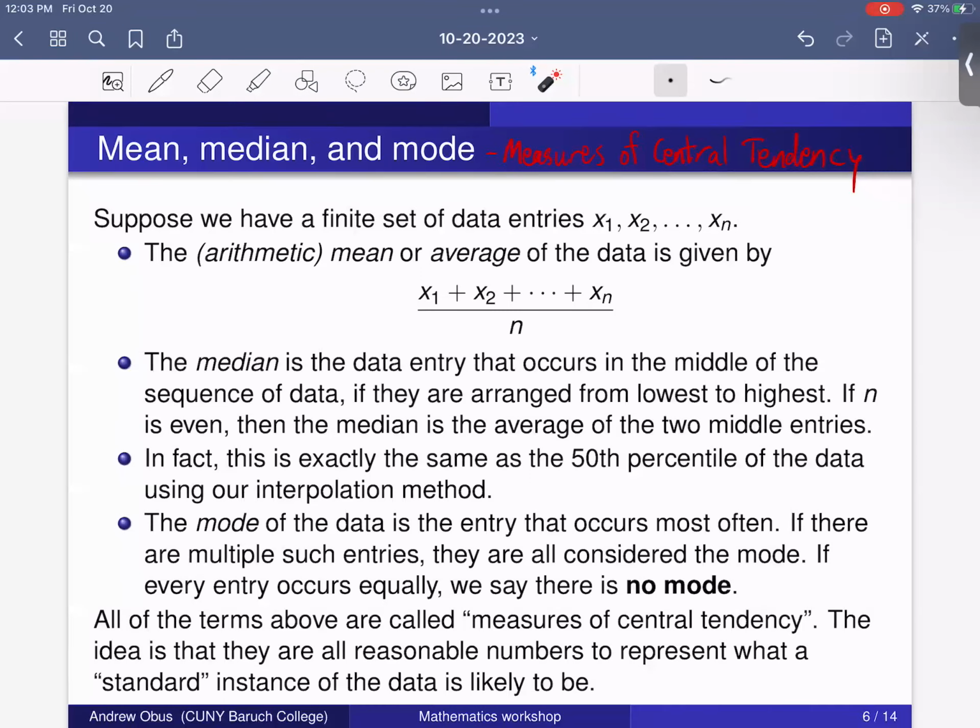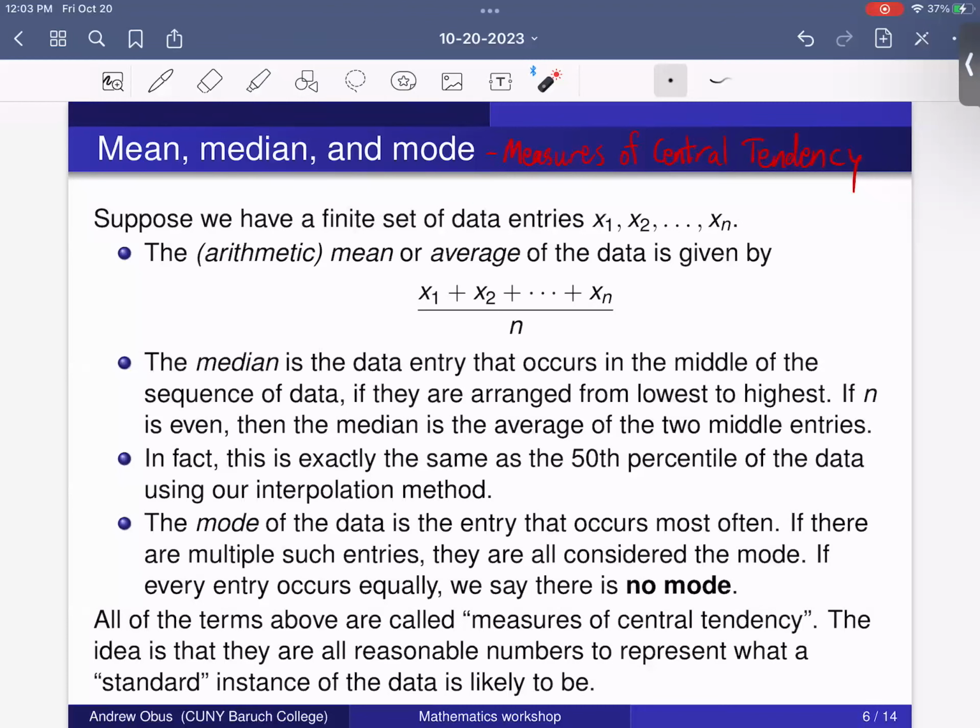So what's the idea? Suppose that we have a finite set of data entries, so like x1, x2, all the way up through xn, okay? So these data entries are not just random numbers, they're drawn from some distribution. They might be test scores in a class, or weights of babies in a hospital, or they could be anything, but they're all supposed to represent the same kind of thing.